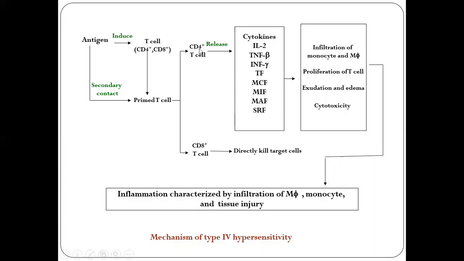But here T helper cells release certain factors which cause infiltration of monocytes and macrophages and proliferation of T cells, and exudation and edema occurs, and that ultimately leads to the cytotoxicity.